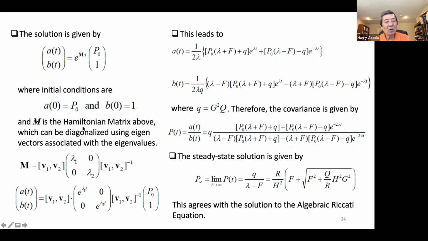From here, using that Hamiltonian matrix, now that we have eigenvalues, we can do diagonalization, or eigendecomposition, and V1, V2 are basically the eigenvectors associated with lambda 1 and lambda 2.